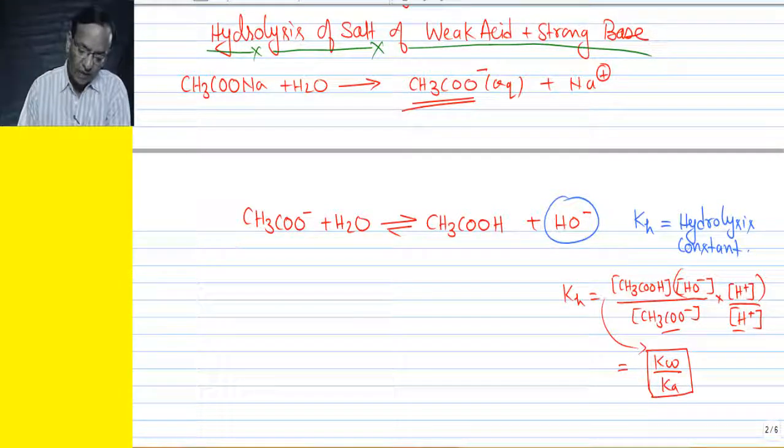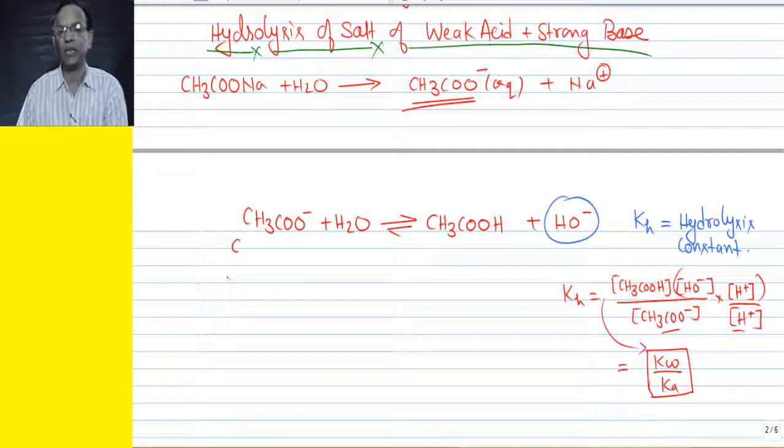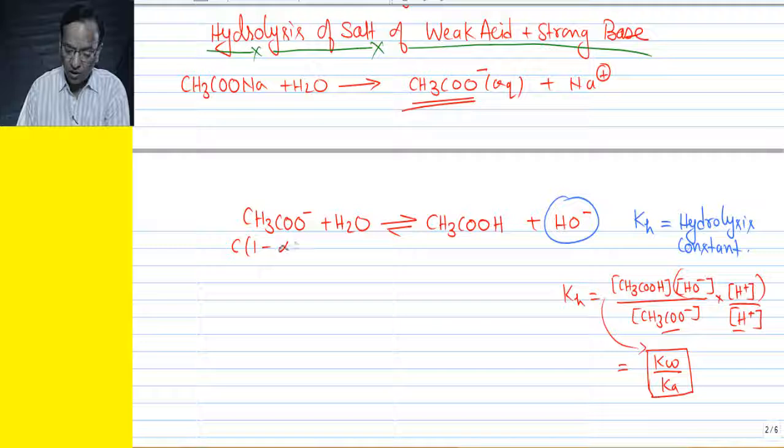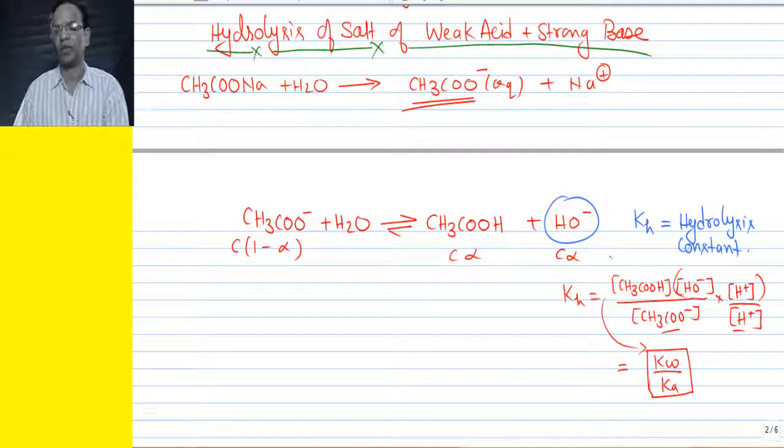The next is, if C is the initial concentration of this acetate ion and if alpha is the degree of hydrolysis, then at equilibrium C into 1 minus alpha will be remaining and C alpha will be hydrolyzed to produce C alpha of acetic acid and hydroxide ion.